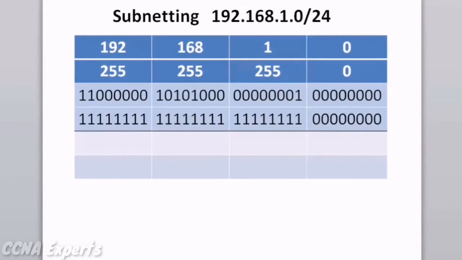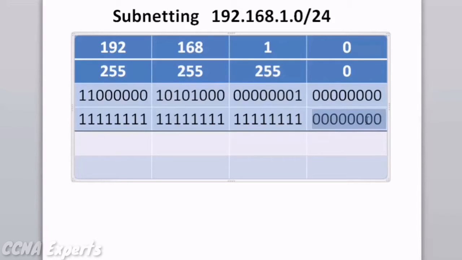Let's start with a classic Class C network like 192.168.1.0 with a /24 or 255.255.255.0 subnet mask. If we want to subnet this 192.168.1.0 network, we go into the subnet mask in binary, which we can see on this row right here. To change the subnet mask, we borrow bits from the host portion of the address.